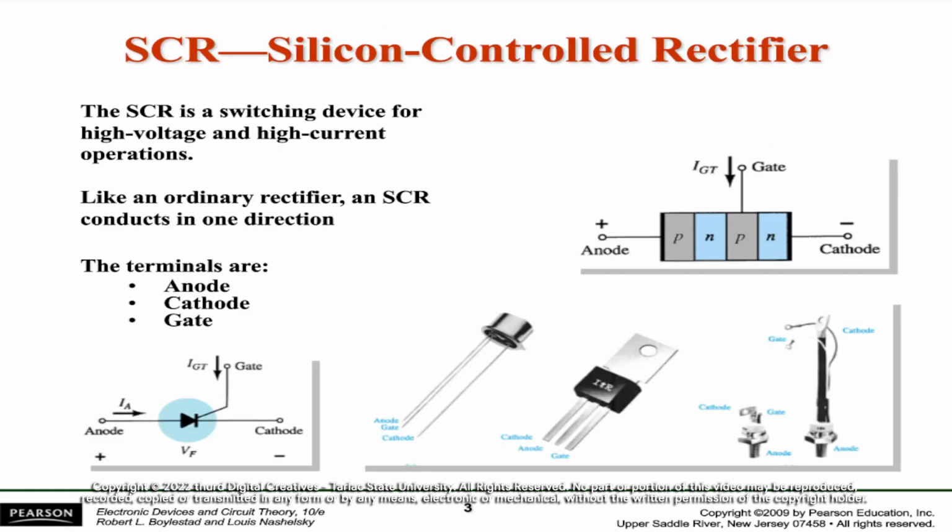Yung dynamic resistance niya, it's typically around 0.01 ohms to 0.1 ohms. This is a minimum resistance when the silicon control rectifier is conducting. Okay? So, yan yung typical niya.